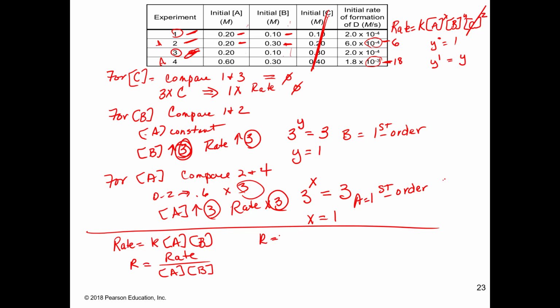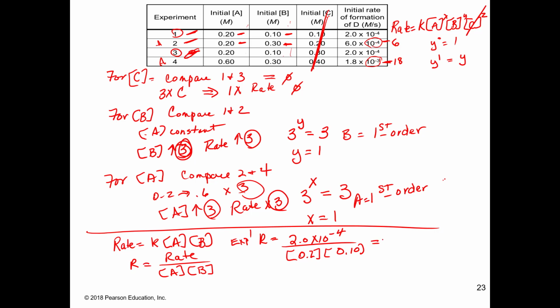I almost always pick the first one just because it's the first one I come to. But the rate is 2 times 10 to the minus 4. This is for experiment 1. And the A concentration is 0.2, and the B concentration is 0.1.